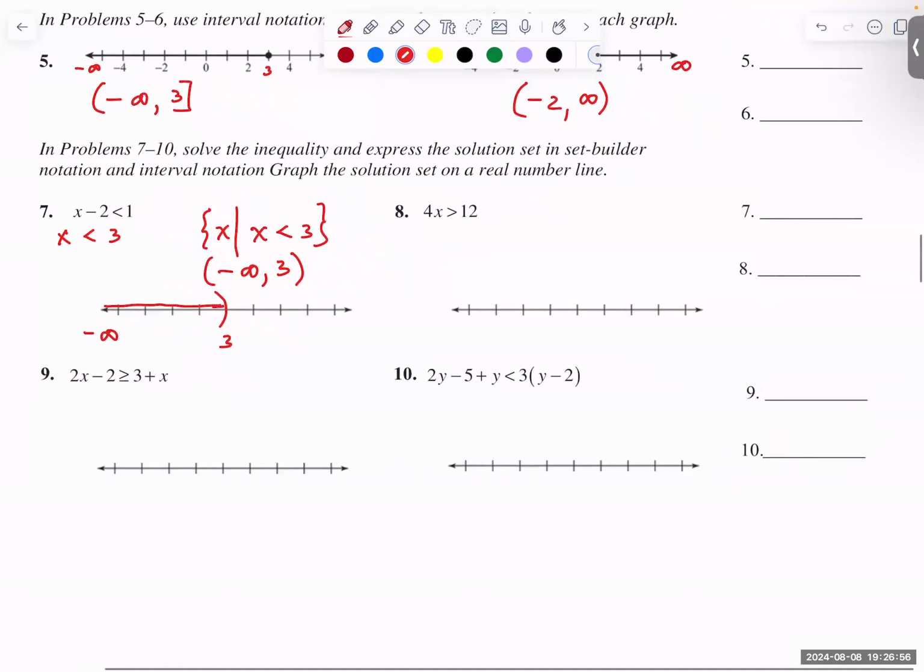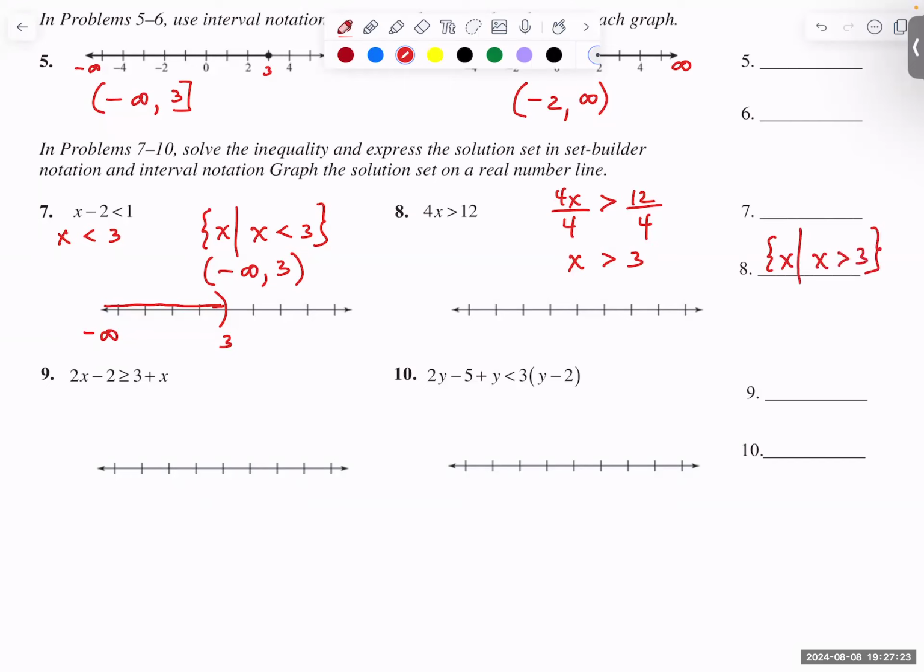Number 8, solve for x, divide by +4 on both sides. So we have 4x divided by 4. Keep the inequality symbol in the same direction. Solution set is all real numbers x strictly greater than 3. So the solution set is the set of all real numbers x such that x is greater than +3.